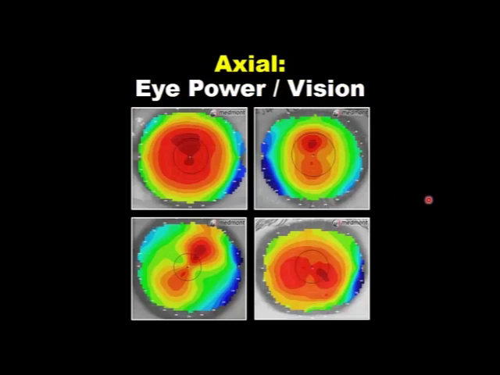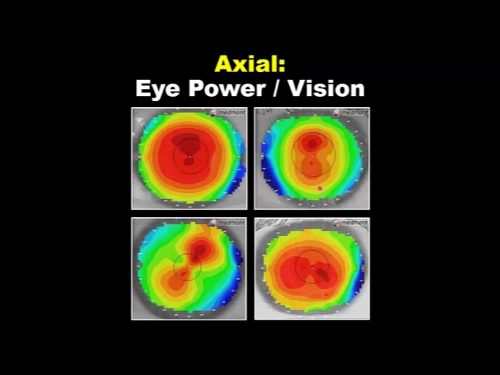And the axial is one that you may favor in that it provides an understanding of eye power. How does the anterior surface contribute to the patient's vision? For instance, we can see a beautiful spherical cornea here, maybe an ever so slightly mild astigmatism, but it's relatively a spherical cornea. Then we have our figure 8 or hourglass shape astigmatism, a with-the-rule cornea, flat meridian horizontal, steep meridian vertical.